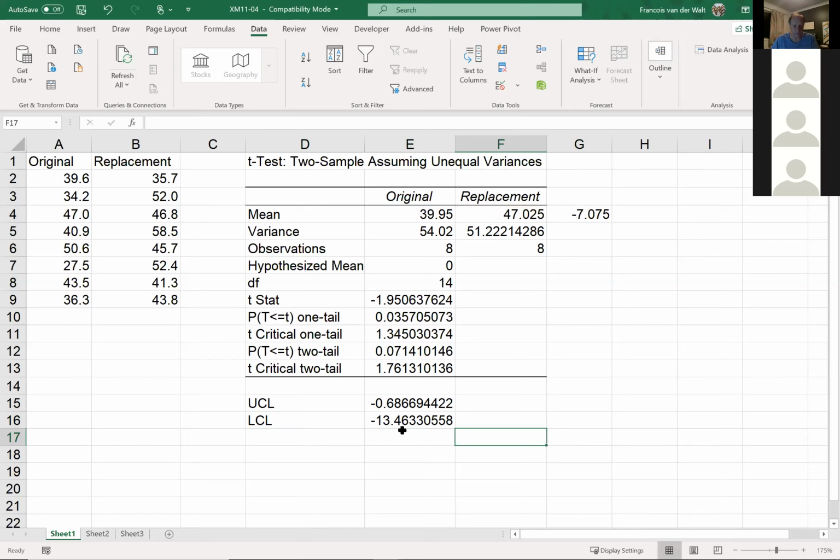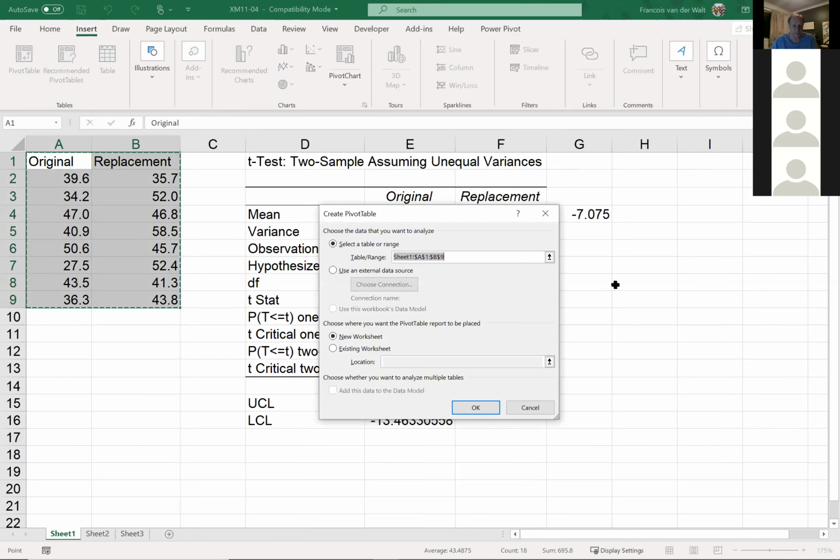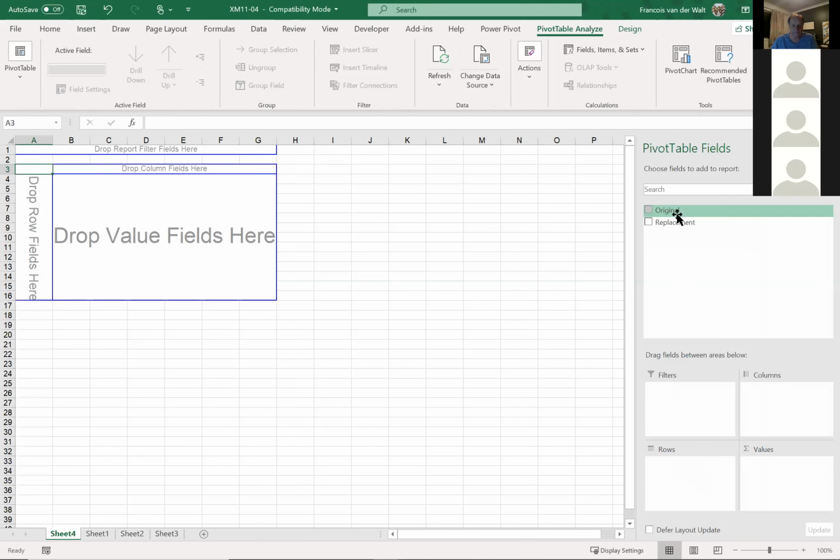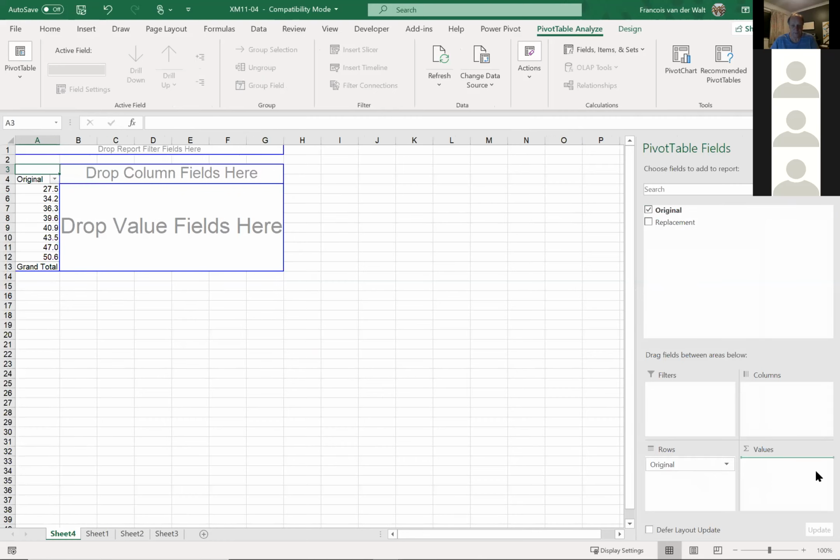I'm going to do the histogram. Obviously, this won't draw a massive histogram because there are very few data points. But let's just see if my theory works anyway. Original, change the sum to count.